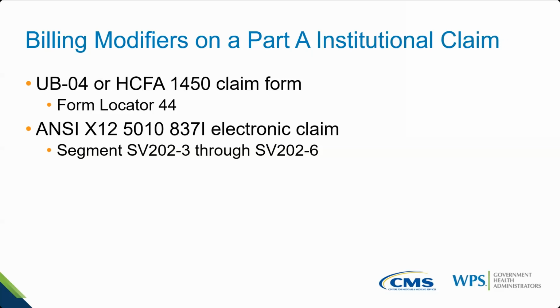Likewise, with facilities and institutions that send claims on the CMS 1450 or the UB04 claim form, your electronic equivalent is the 837I, and those locations are listed here for those transaction types, and so that's where you're going to place those modifiers on those corresponding claims forms.